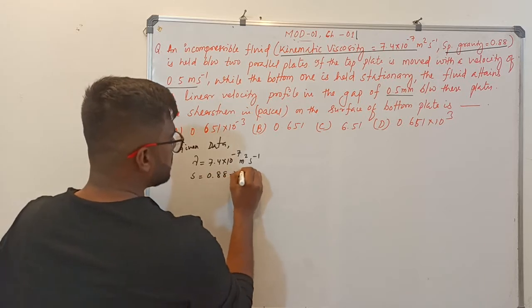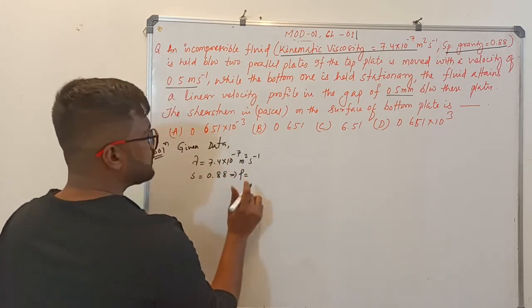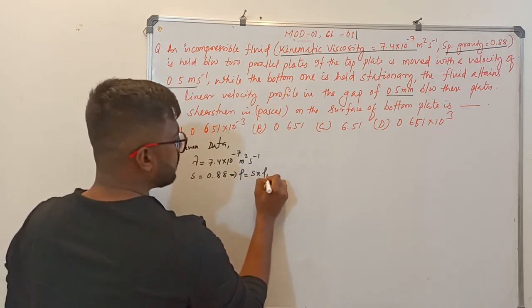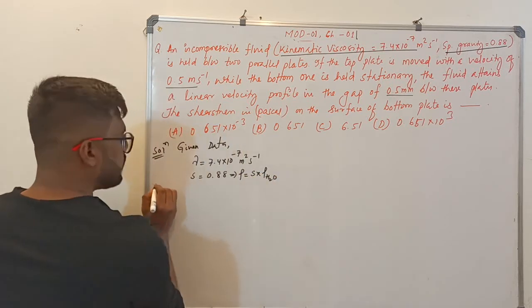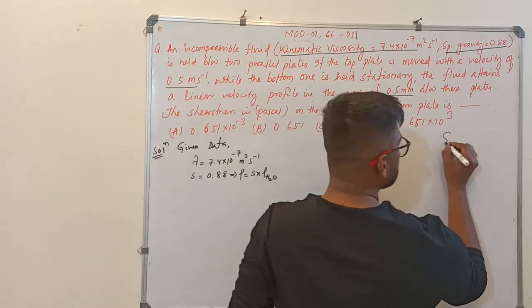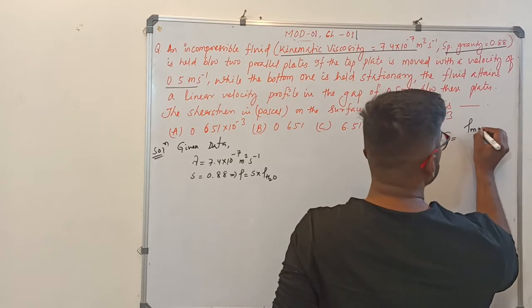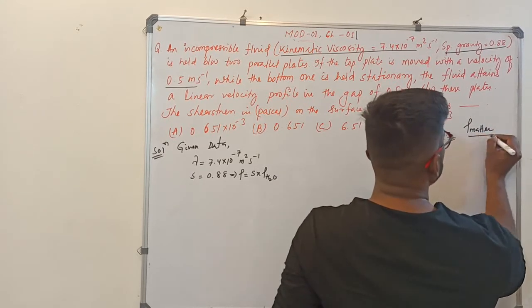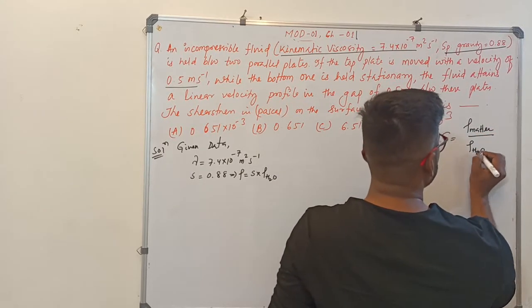So what will be the density? Specific gravity into density of water. If you remember our formula, specific gravity is nothing but density of matter by density of water.